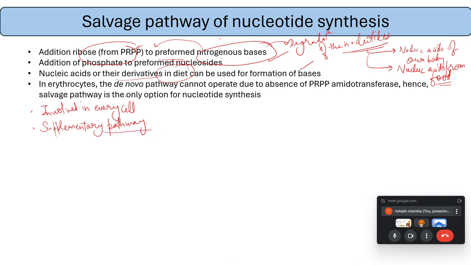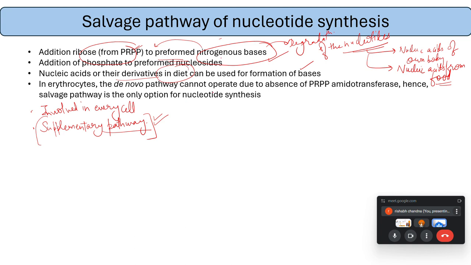Because the major pathway of nucleotide formation is the de novo pathway. This second, supplementary pathway utilizes all the bases that are already in degradation or that the body has already left out, so that we can reuse those bases.